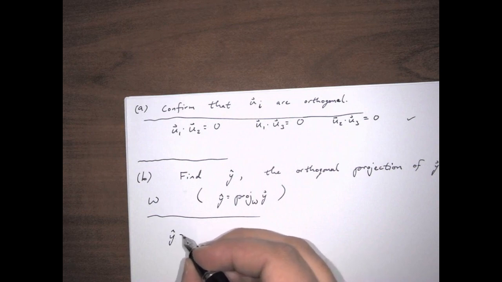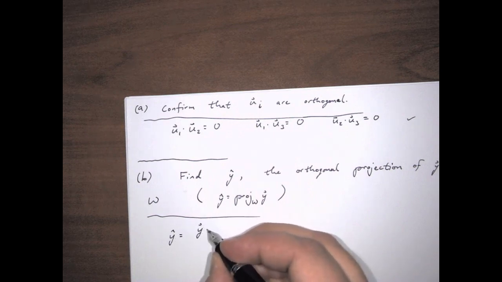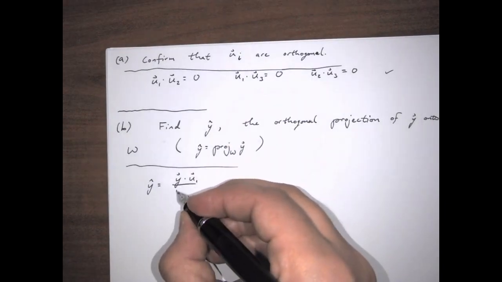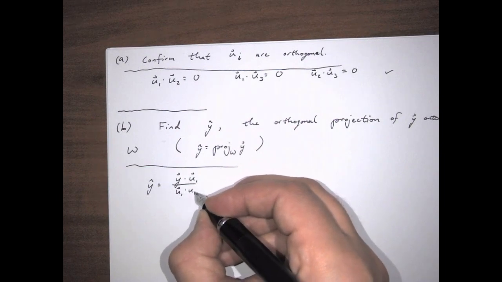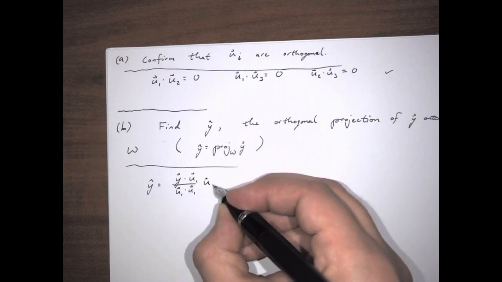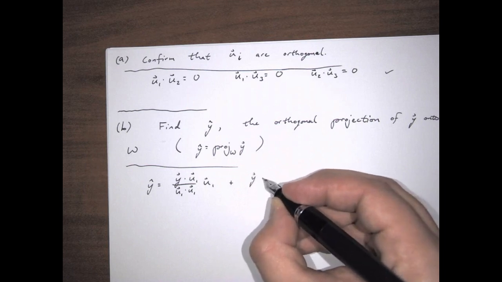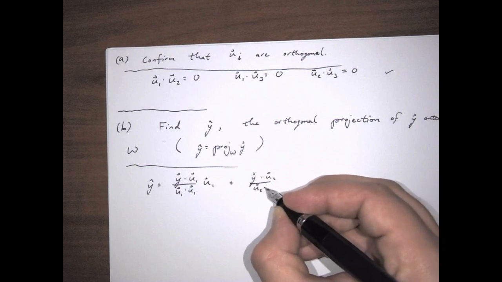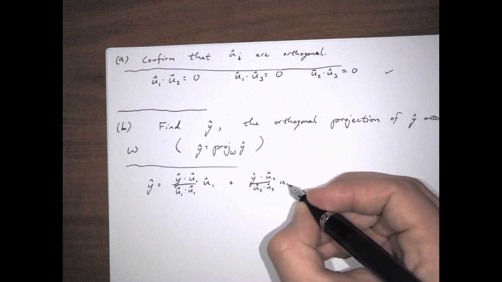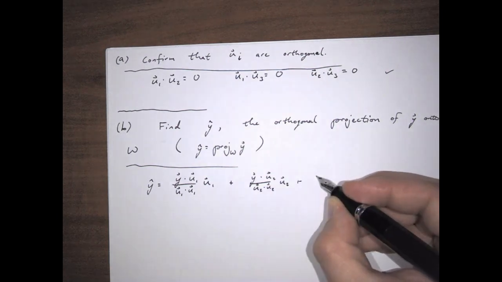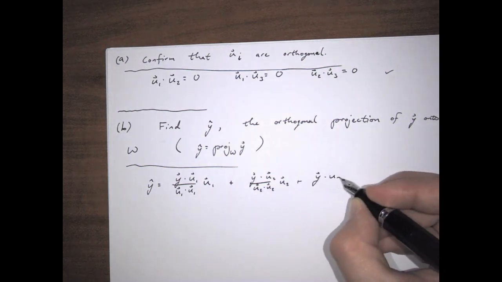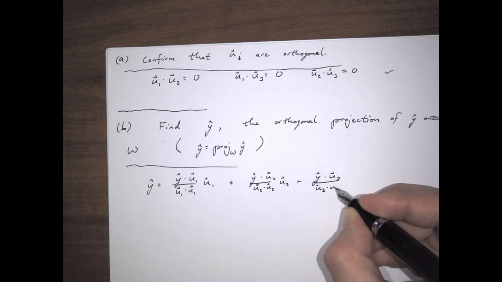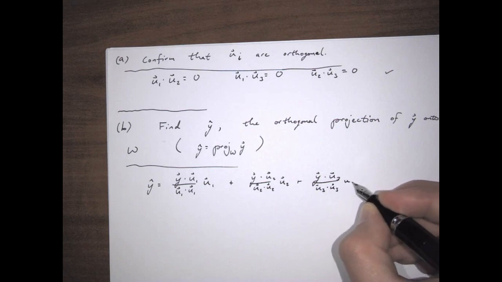So y hat is equal to y dot u1 over u1 dot u1 times u1, plus y dot u2 over u2 dot u2 times u2, plus y dot u3 over u3 dot u3 times u3.